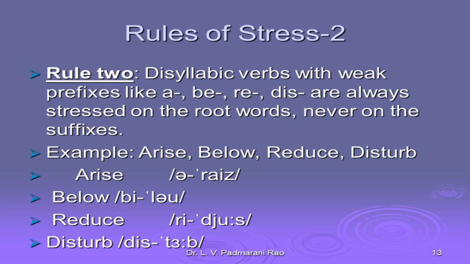Accordingly, we have arise, alone, allowed, amount, apart, afloat, above, about. You will have observed that all these words begin with the weak prefix a, and so the root word is given stress. Practice more of these words.